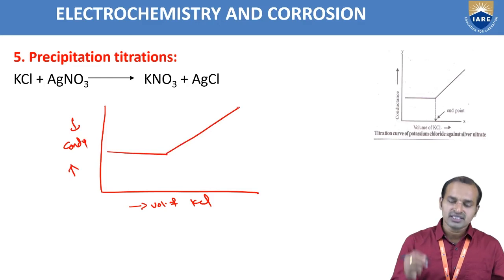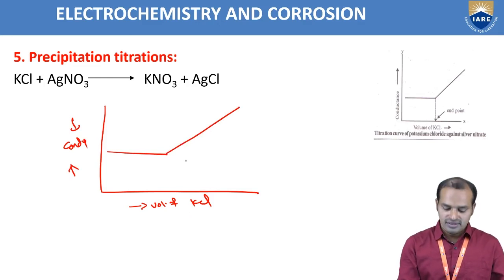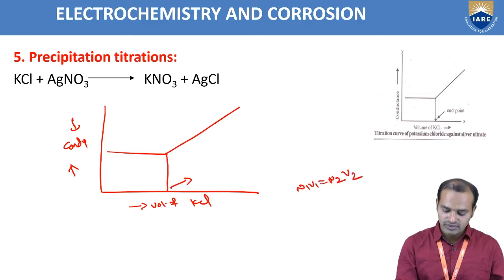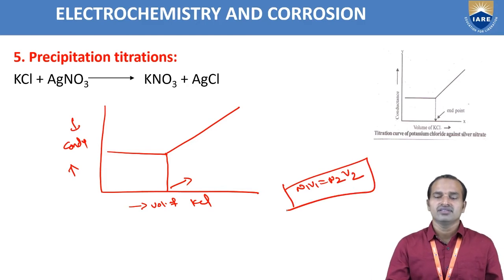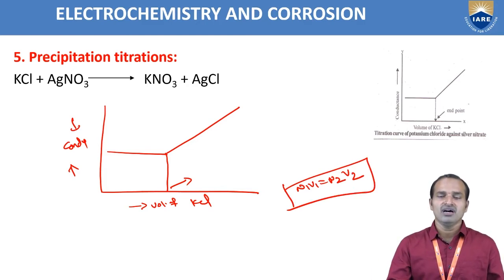After that, we get the sharp increasing point. So this point is the end point. So here N1V1 is equal to N2V2. By using this formula, we calculate the concentration of the unknown solution. So these all are the conductometric titrations, that means applications of conductance.